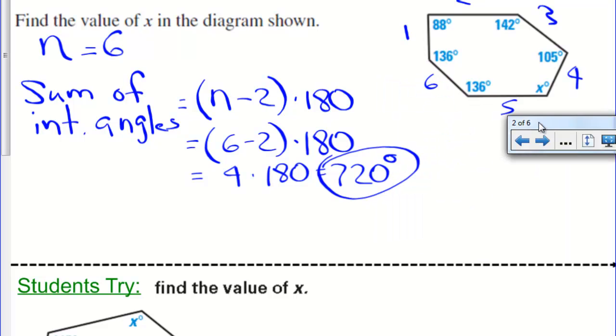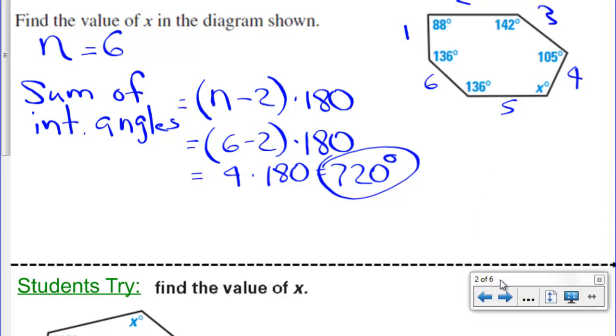So now I want to do some algebra. I want to create an equation, and I'm going to say I want to add up all these numbers. So 88. So take your calculators out. 88 plus 142 plus what, Joe? 136. Good. Plus 136 plus 105.